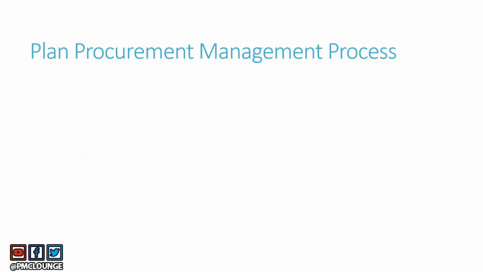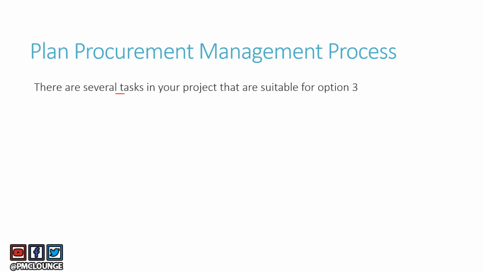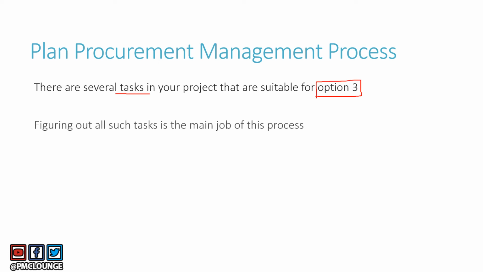All right, so in conclusion, there are several tasks in your project that are actually suitable for option number three from the previous slide. Figuring out all such suitable tasks, that is the main job of the plan procurement management process. Now, you may think it is a good idea to get specialists from outside your project team perform your project tasks.